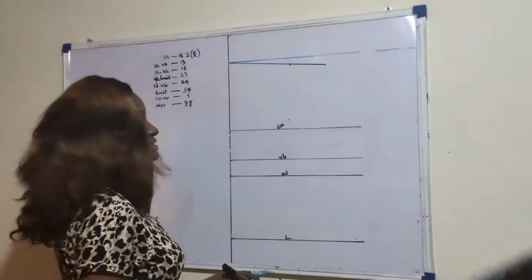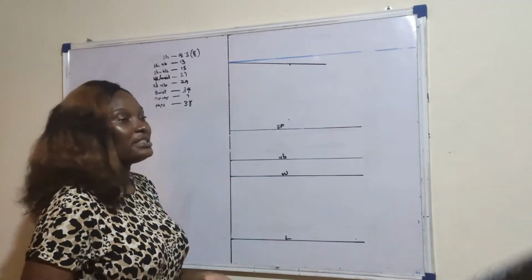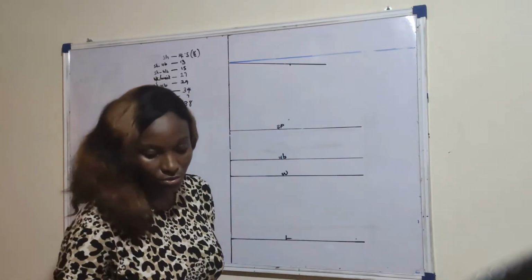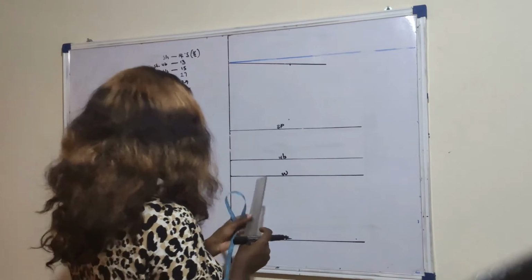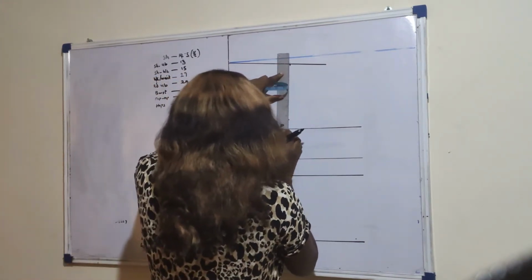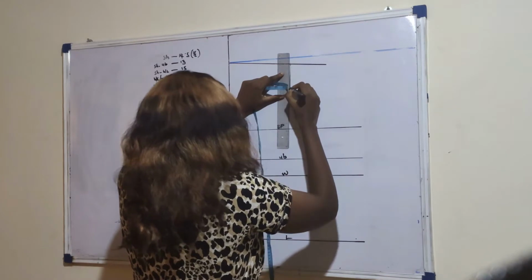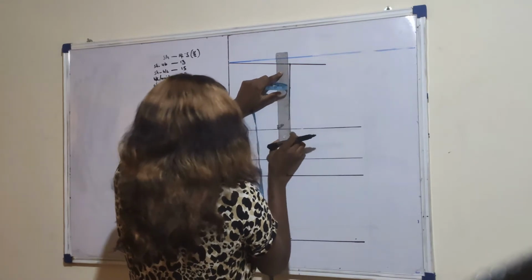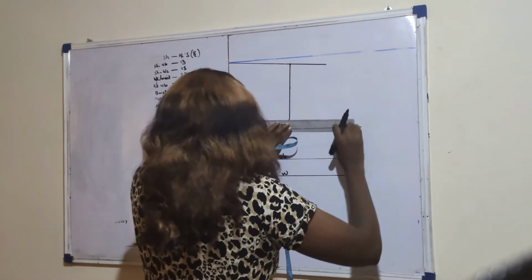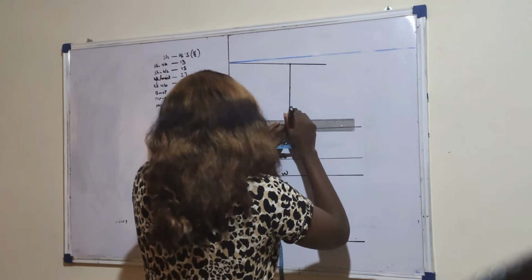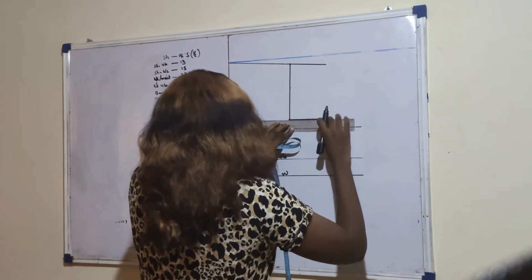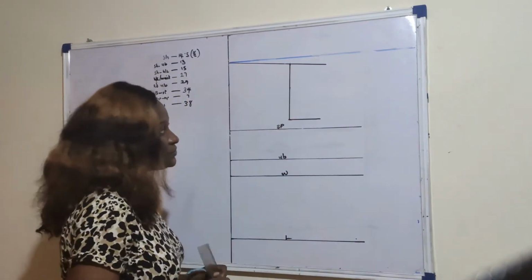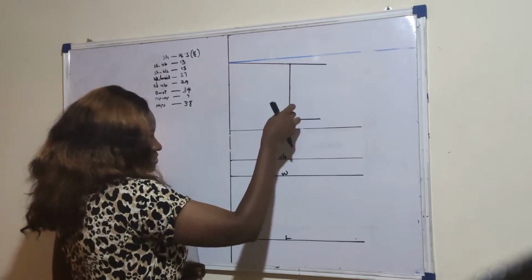You divide 34 by 6 and then add 1 to it. So that's it: 7 inches depth.